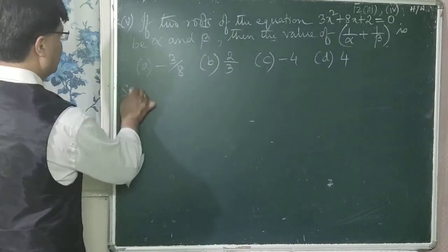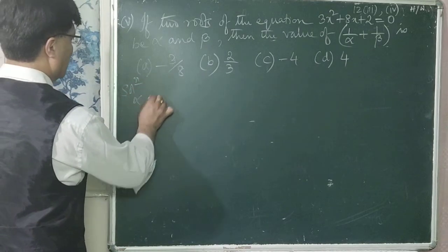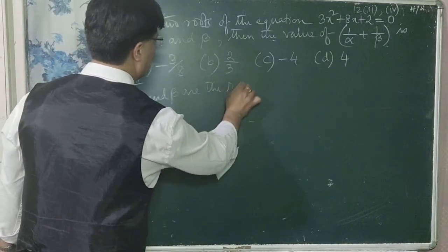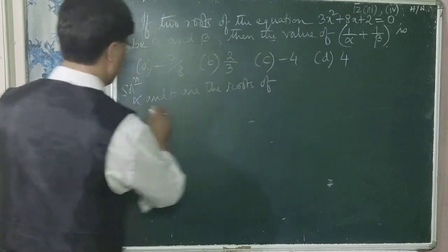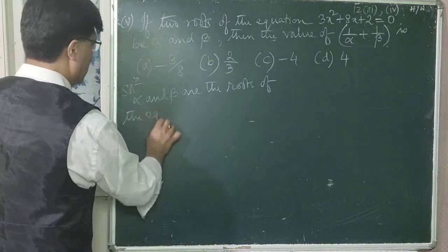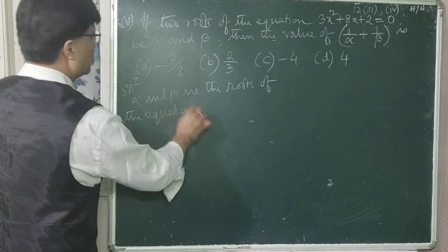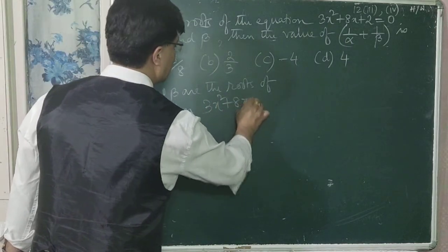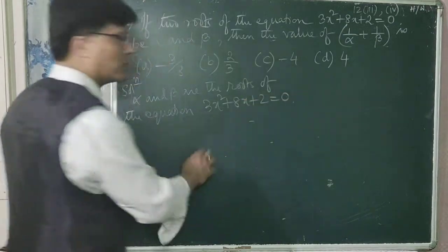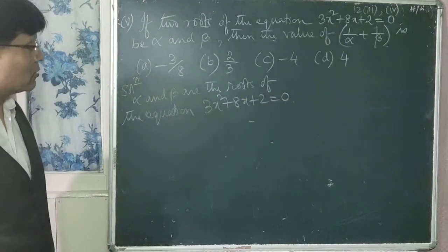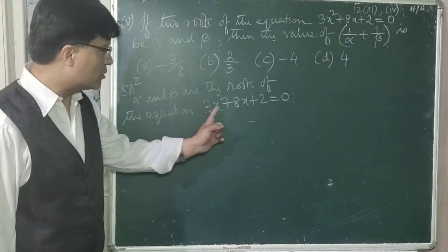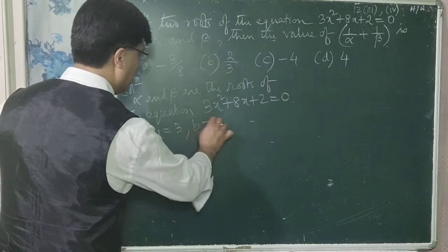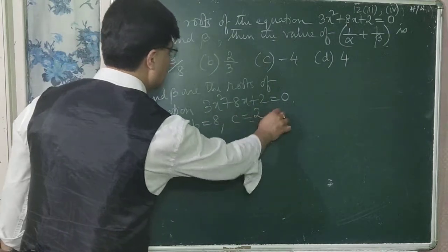So solution: alpha and beta are the roots of the equation 3x square plus 8x plus 2 is equal to 0. Compare it with the general quadratic equation. So here a is equal to 3, b is equal to 8 and c is equal to 2.